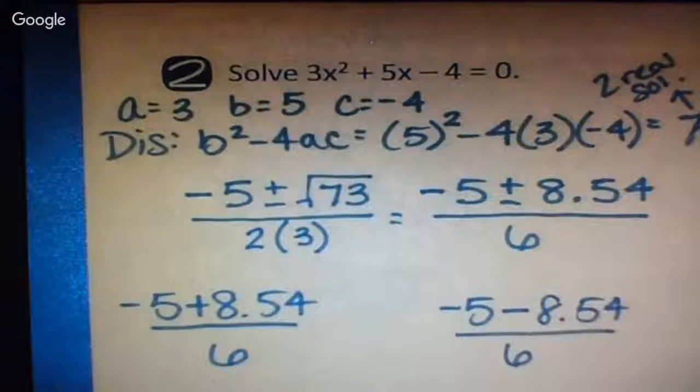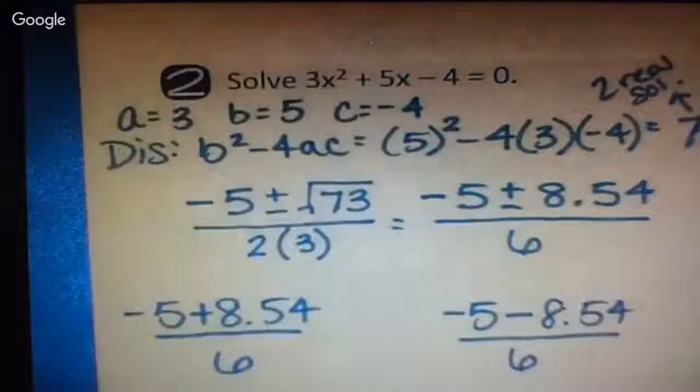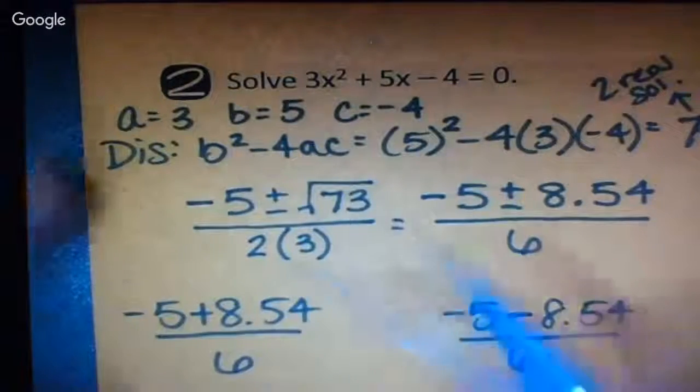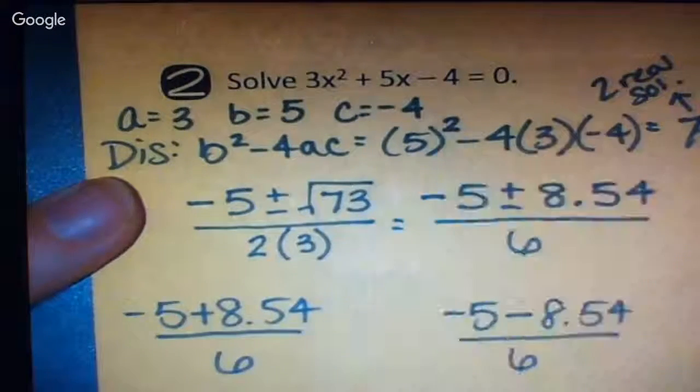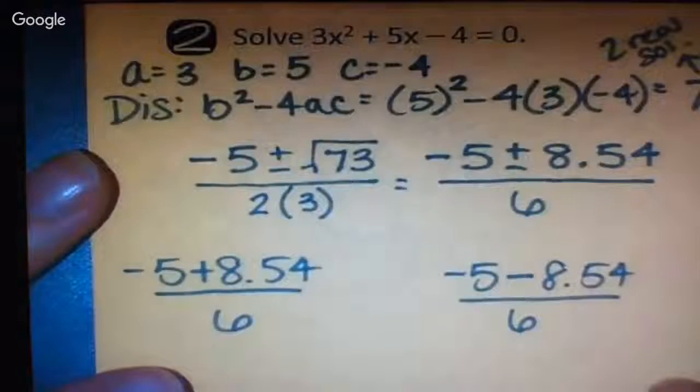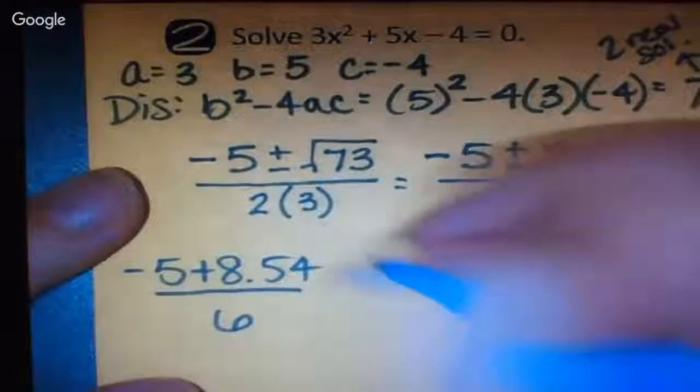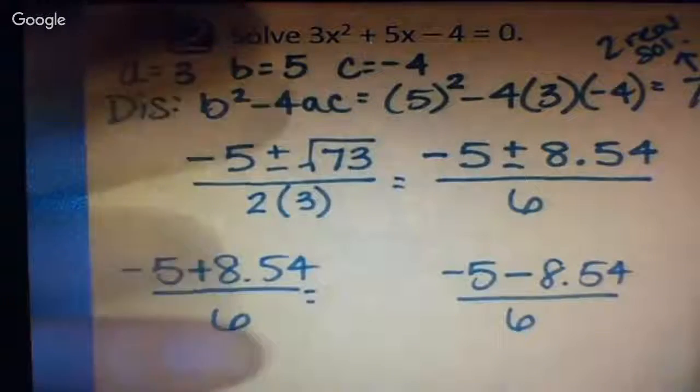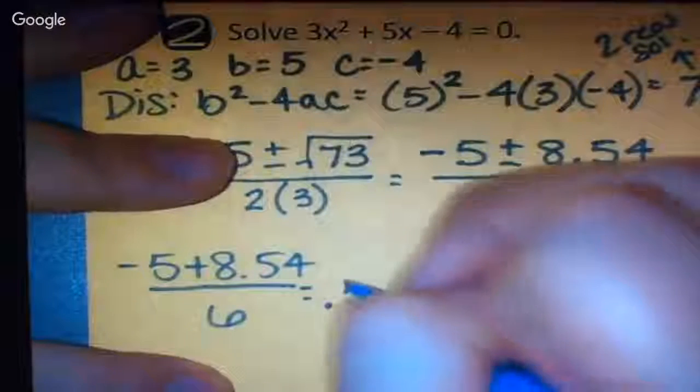These aren't pretty, so you're going to have to use your calculator. Please be careful. You need to add before you divide. So you put this top part in, hit enter, and then divide by 6. You get 0.59.